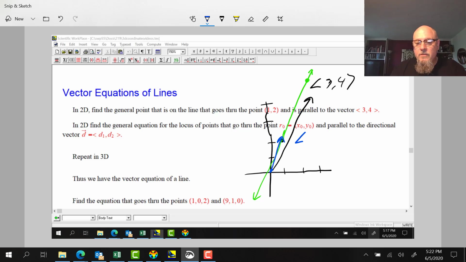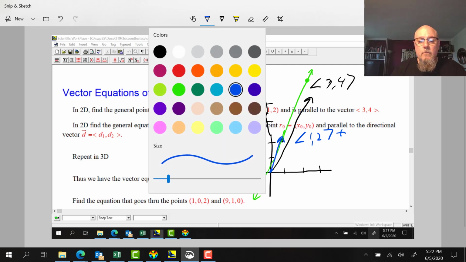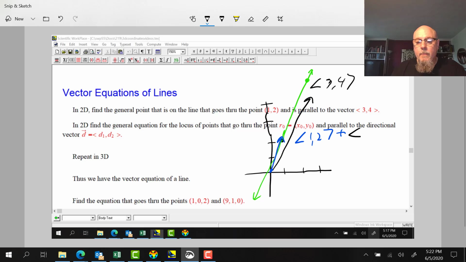So if that blue vector is the point (1, 2), and I add to it one of these <3, 4> vectors, I'll get the point (4, 6). So 1, 2 plus 3, 4 is 4, 6. So that's on the line.